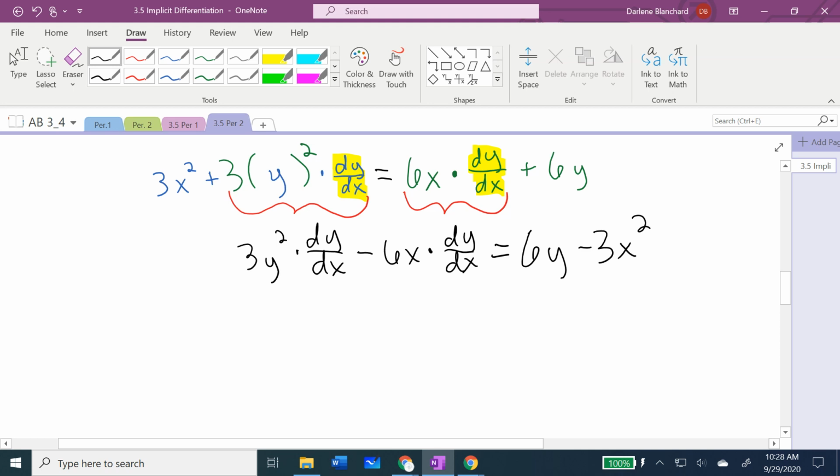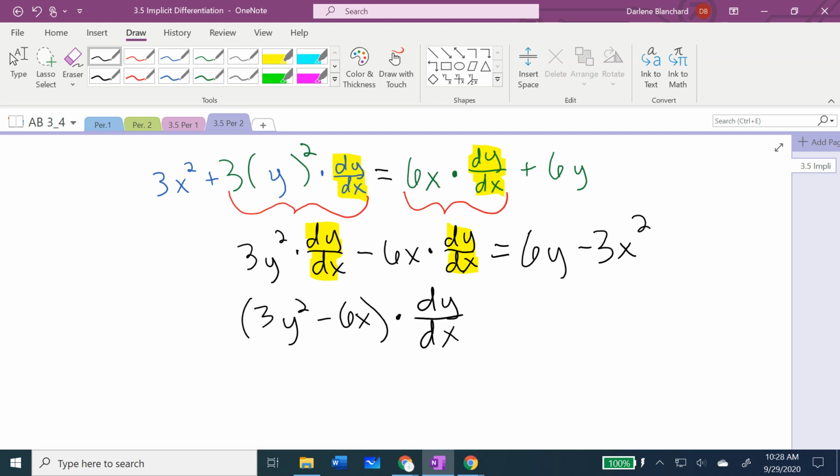And now notice that the left side has a common factor. So undistribute that multiplication by dy/dx, and then you are really, really close to your answer. Do you see what one step you have left and you're going to have the answer?